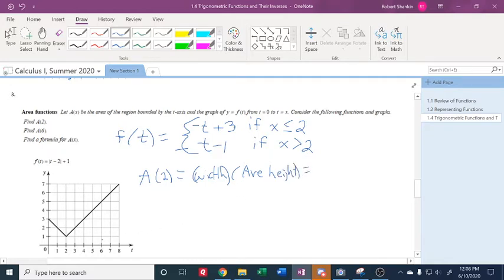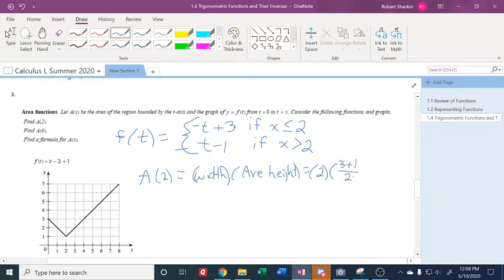So how wide is this rectangle? 2. What's the average height? Well, you can only use this if it's a straight slanted line on the top. And you have the two heights, a height of 3 and then a height of 1.